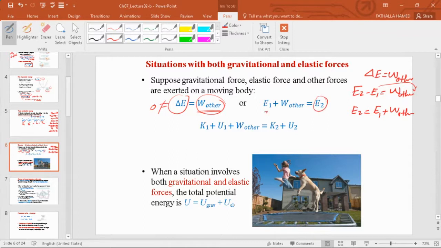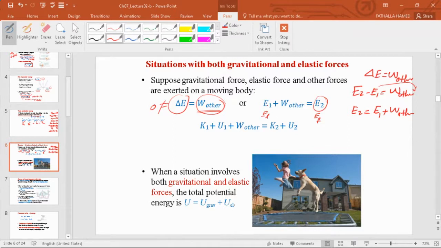In some textbooks, they may use this as E initial, and this as the final energy. So the final energy comes as a result of your initial energy plus any work done by other forces. If there are no non-conservative forces, then your energy is conserved, and your initial energy and your final energy are equal. But if you have something, you have to include that.